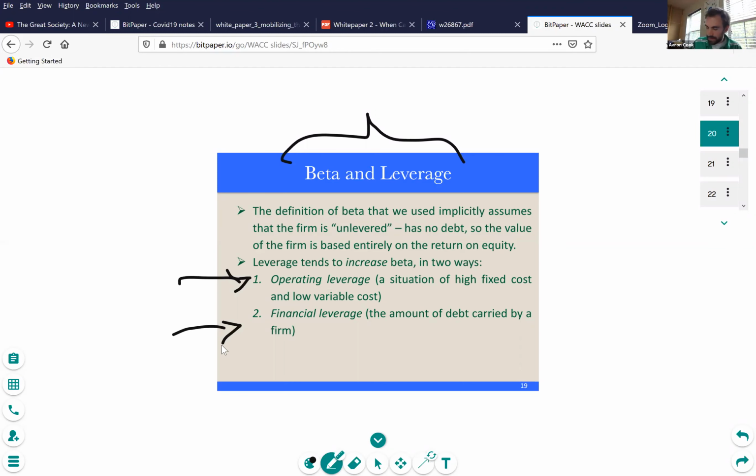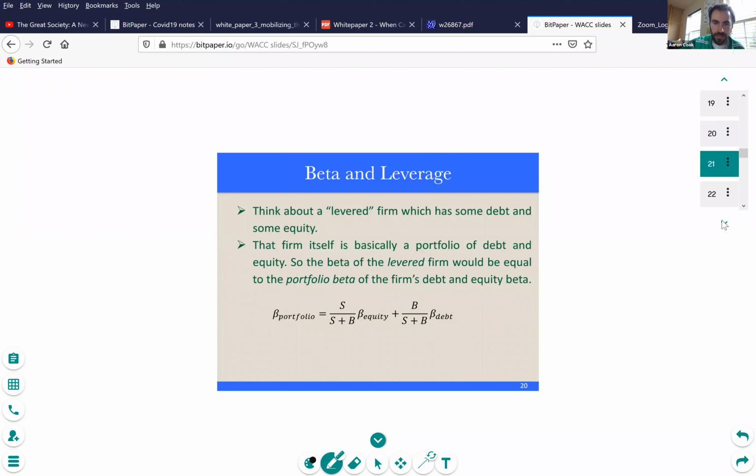So that's the sense in which beta affects leverage. We can think about a firm as a portfolio of some combination of debt and equity.